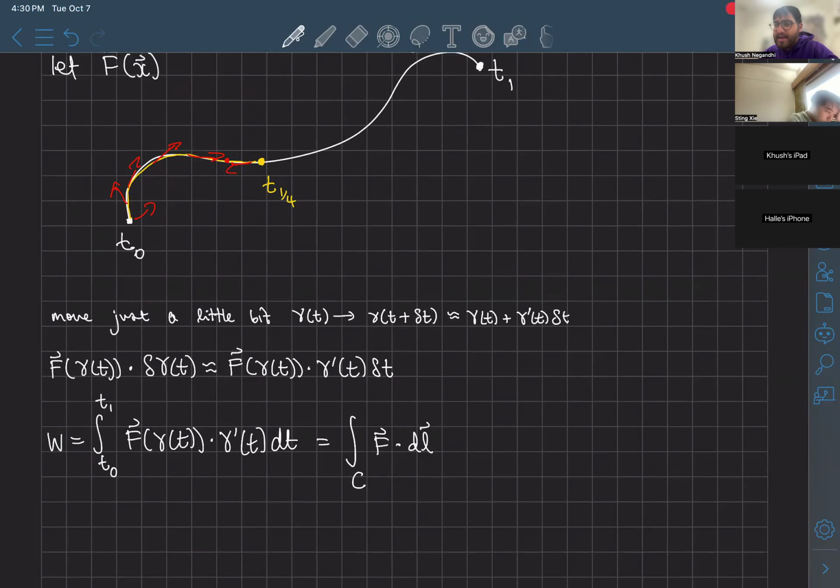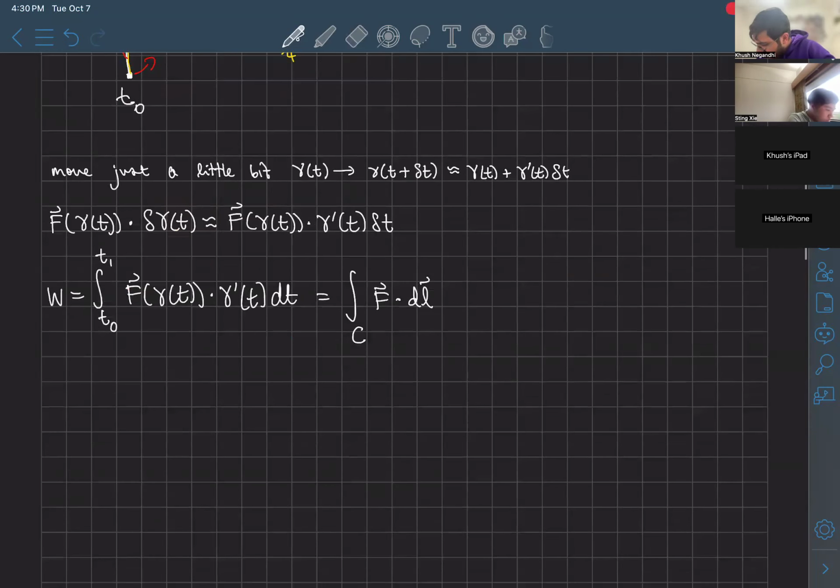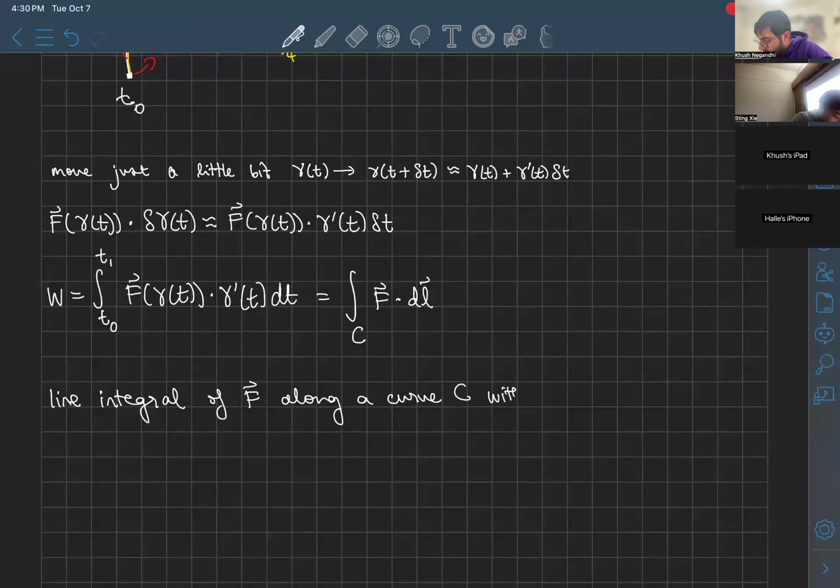What we can define now is something called the line integral. The line integral of f along a curve C with respect to length. Okay.